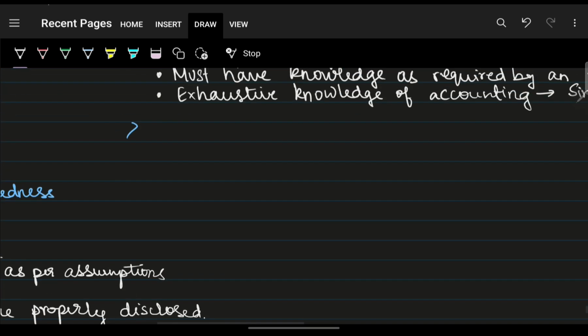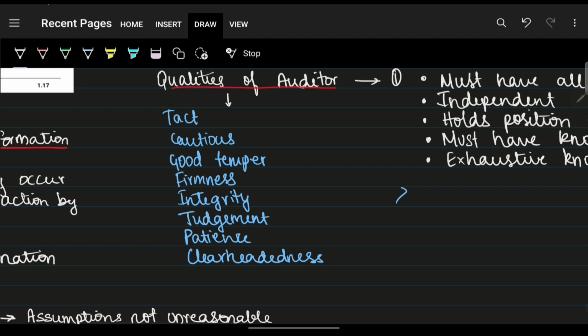I'm pretty sure I'm missing something. So here: tact, cautious, good temper, firmness, integrity, judgment, patience, and clear-headedness. So there are how many? 1, 2, 3, 4, 5, 6, 7, 8.